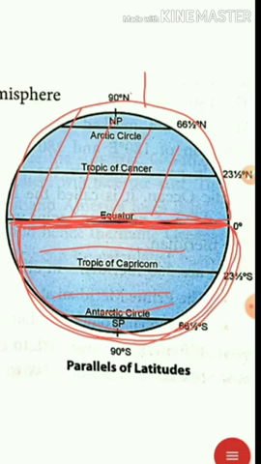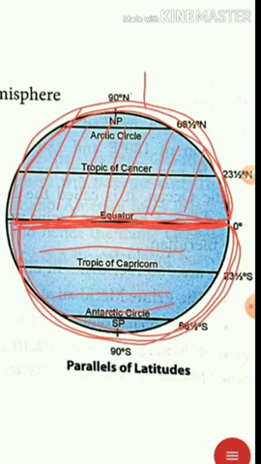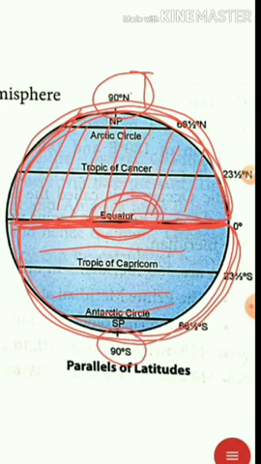So from the equator to 90 degrees north is the northern hemisphere, and from the equator to the southern pole is the southern hemisphere.